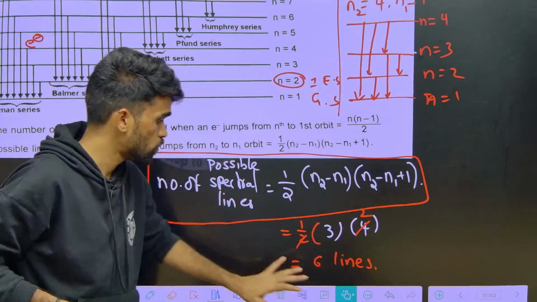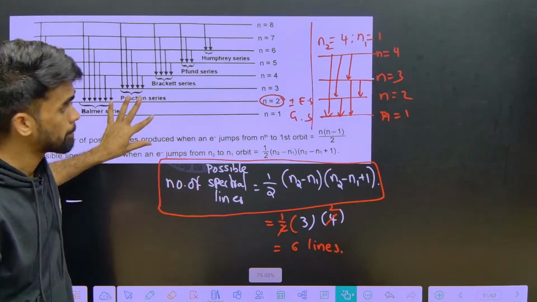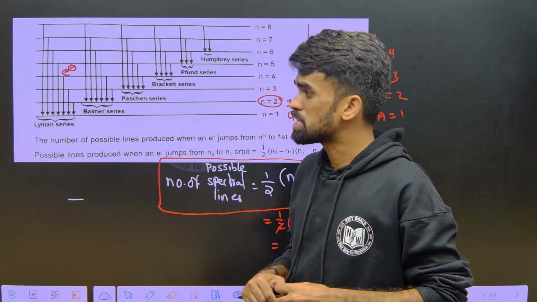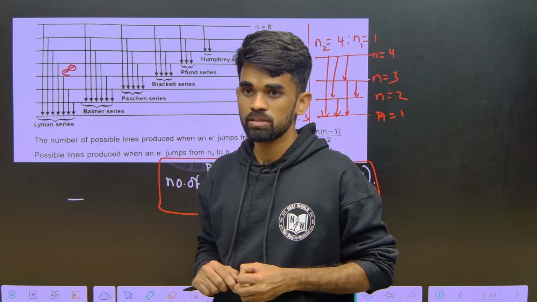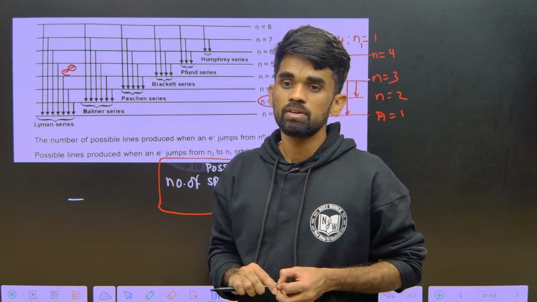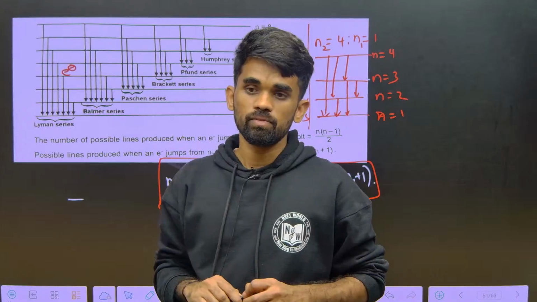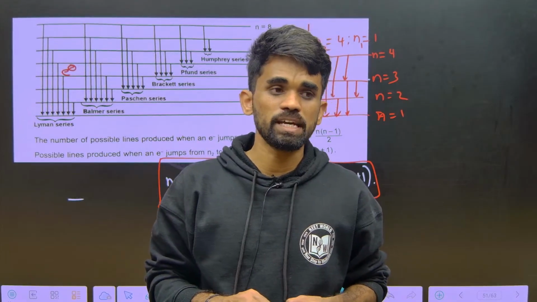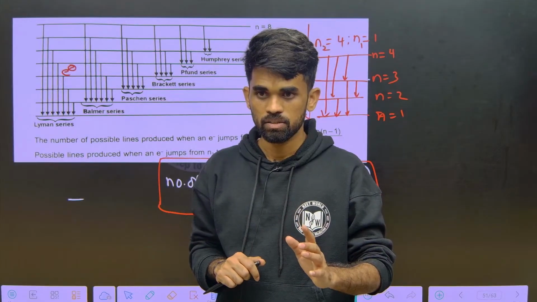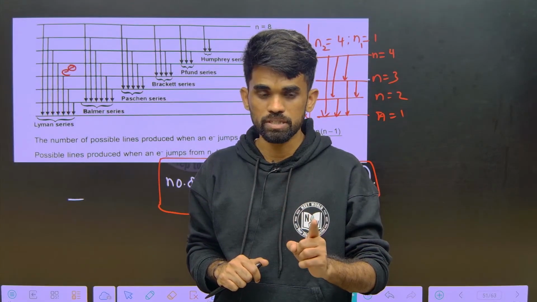Yeah. So now write one more question. Number of possible spectral lines when an electron falls from the fifth energy level to the ground state. Fifth energy level to ground state.